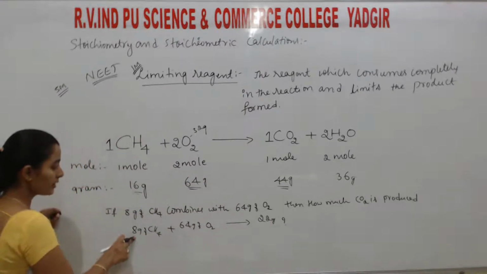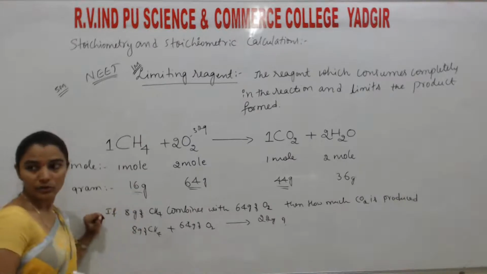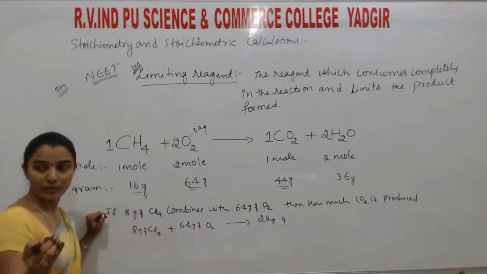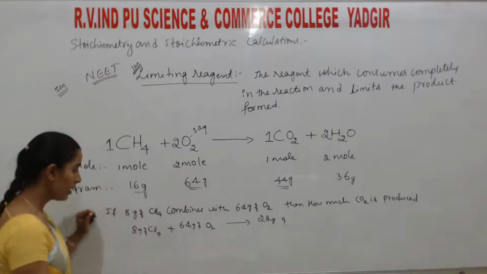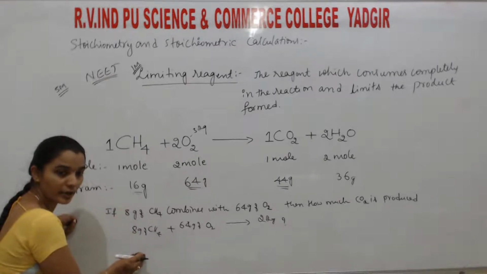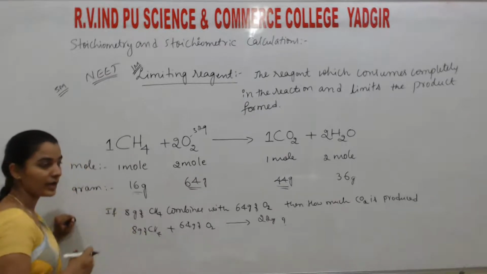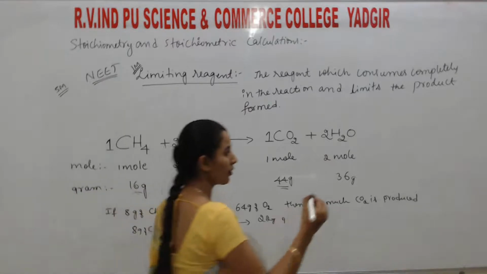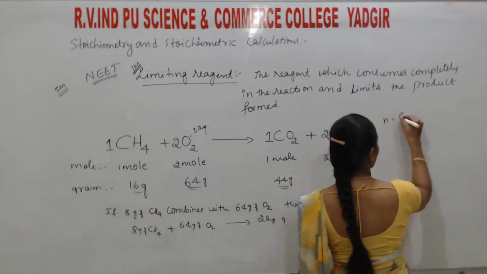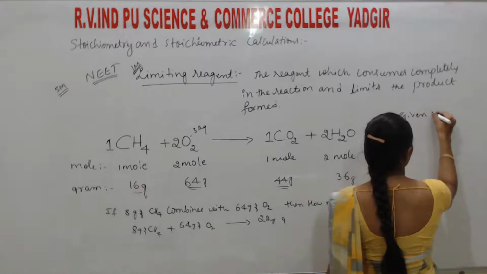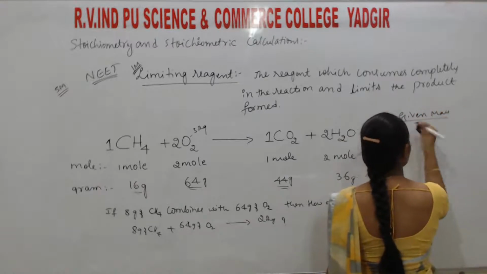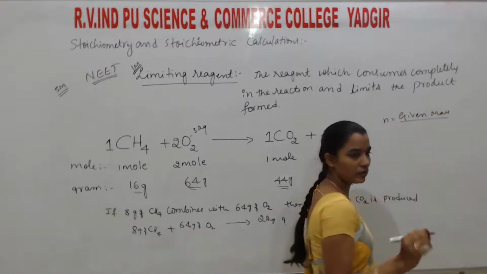8 gram means the given mass divided by molecular mass, so it is 0.5 mole. In the previous class I said how to calculate the number of moles: n is equal to given mass by molecular or atomic mass, whatever it is.